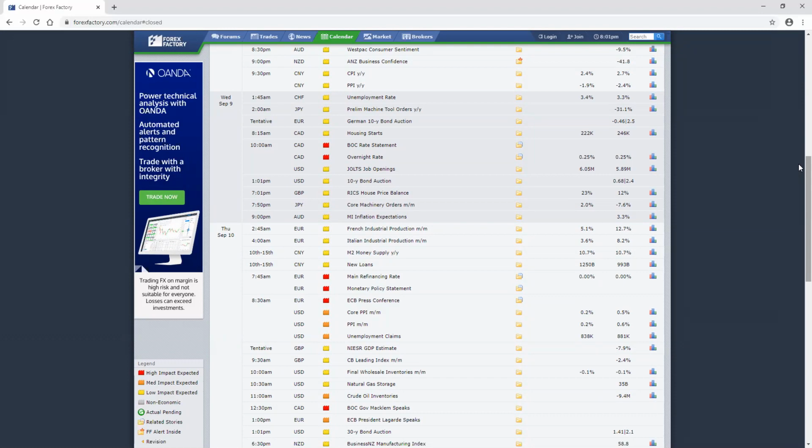It will also tell you who voted to increase, decrease, or keep the rate the same. So you'll be able to see all of these votes in the rate statement that comes out.